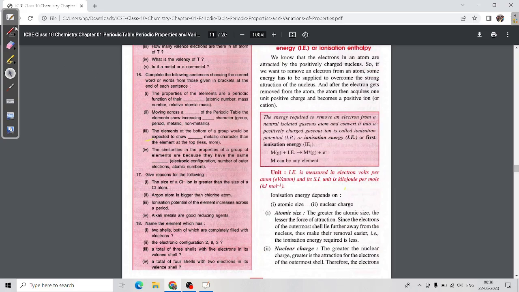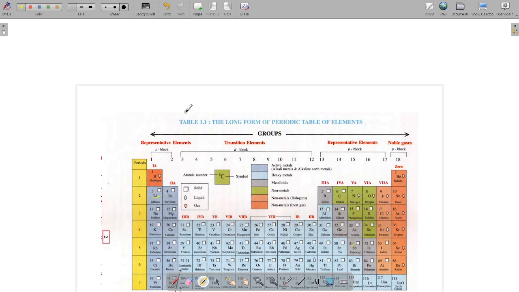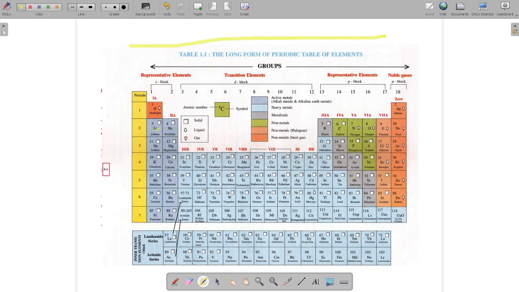Now see what the trend says: when we move across the period, the ionization energy will increase. Why is it so? Take Li, Be, B, C, N, O, F, Ne, the elements of the second period.